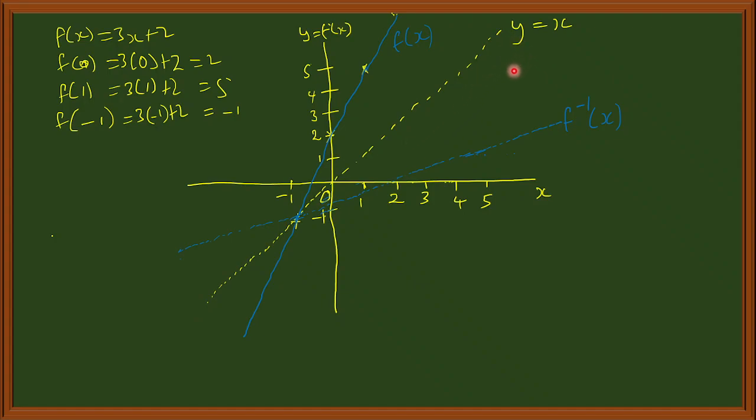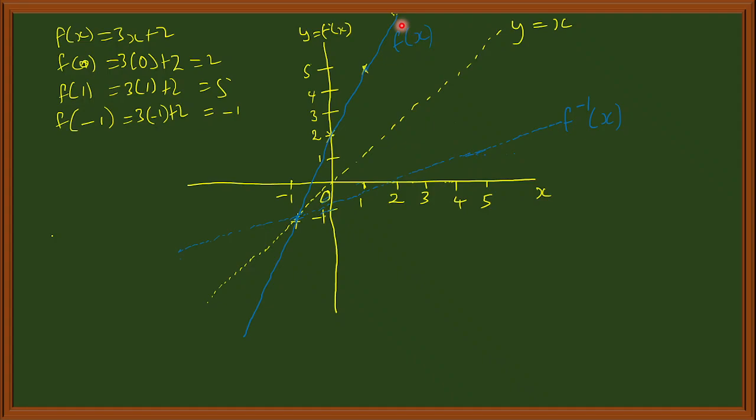This is a very important point. Whenever you are asked to draw a graph of a function and the graph of its inverse, make sure you have this line y equals x. It carries a mark or two on its own. It shows that you understand the relationship between the function f of x and its inverse.